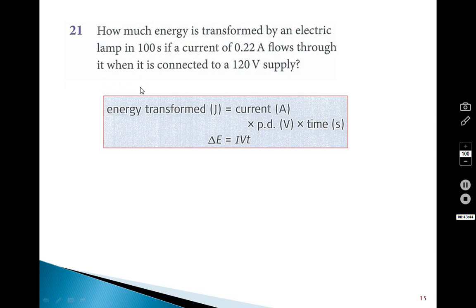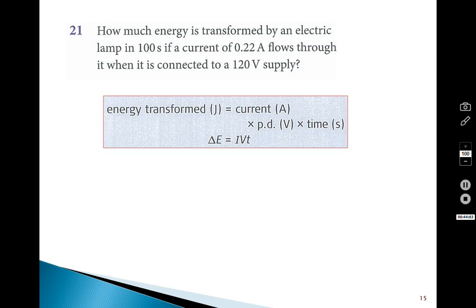Question number 21. How much energy is transferred by an electrical lamp in 100 seconds if a current of 0.22 ampere flows through it when it's connected to a 120 volt supply?